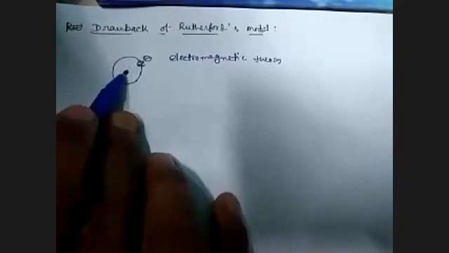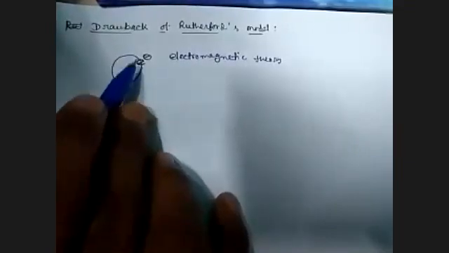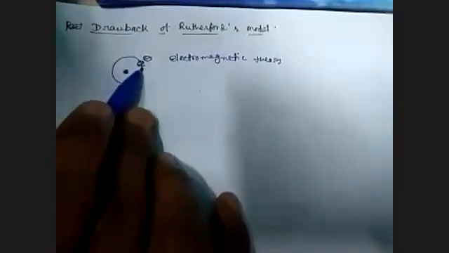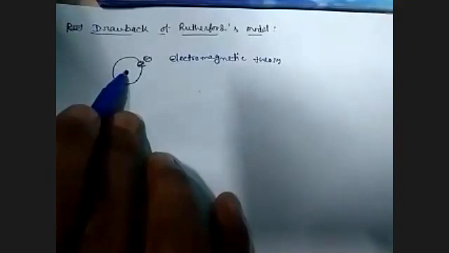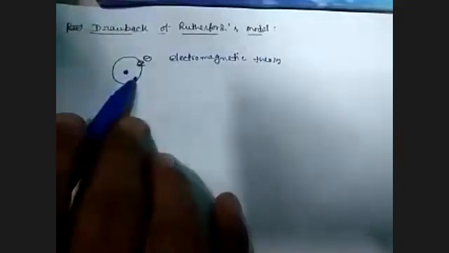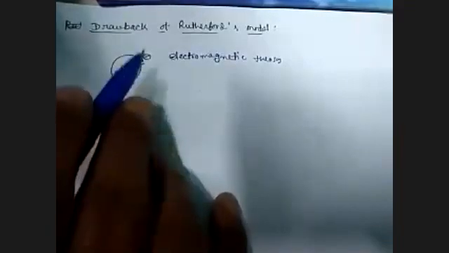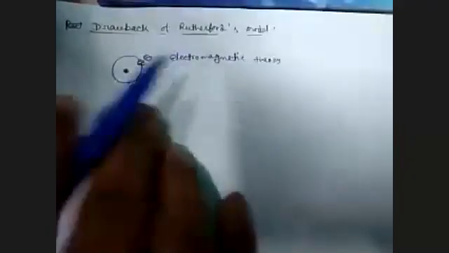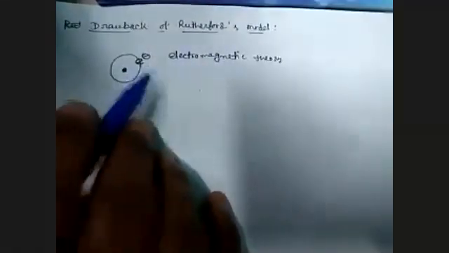So the nucleus will attract the electron, and consequently the electron will collapse into the nucleus in the end. This makes the atom unstable.